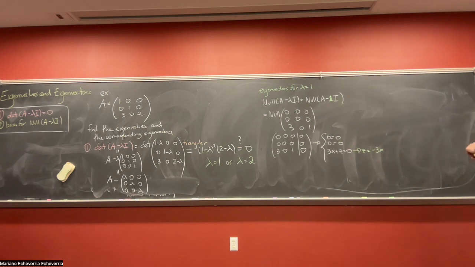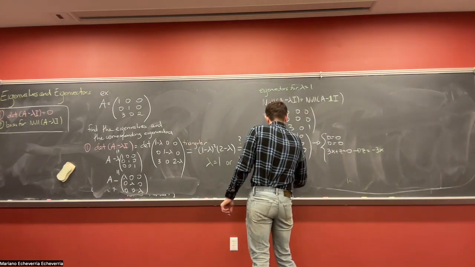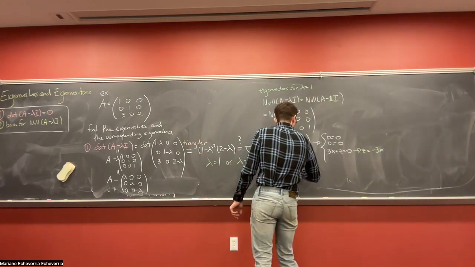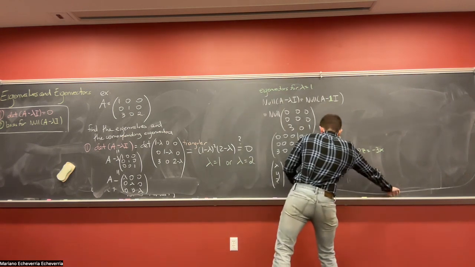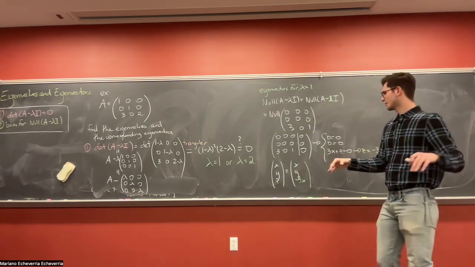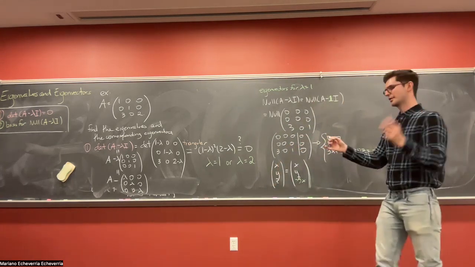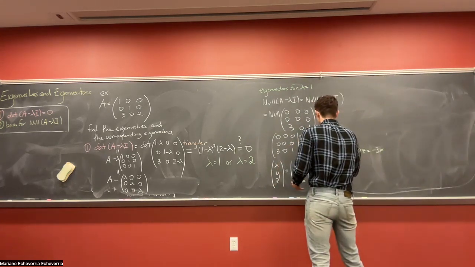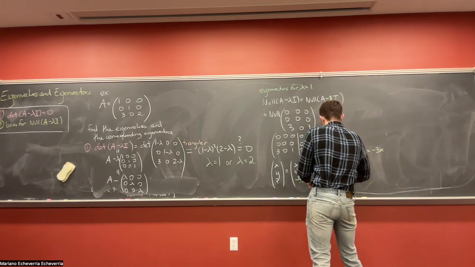So what that means is that x, y, z is the same as x, y, and z is minus 3x. Then you do the same thing we were doing before. You break the vector into the variables. The piece with x is x times (1, 0, -3).